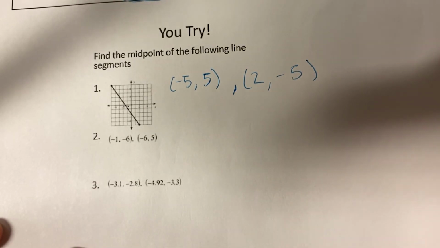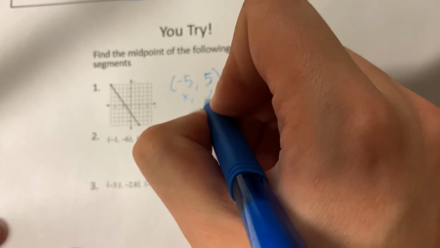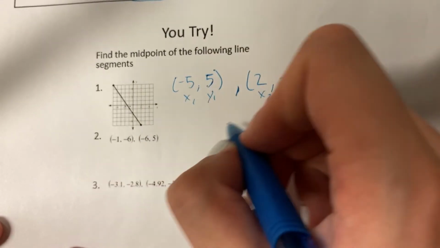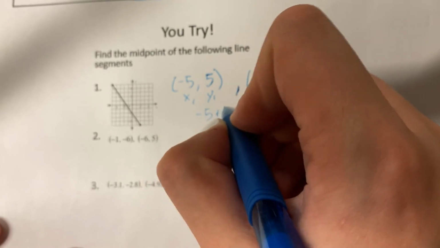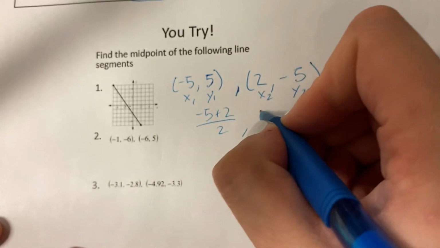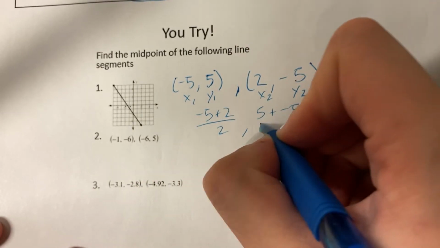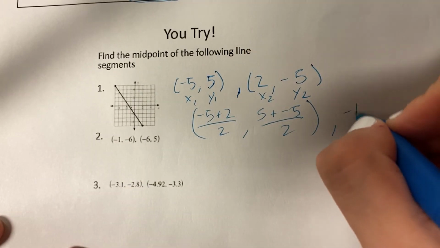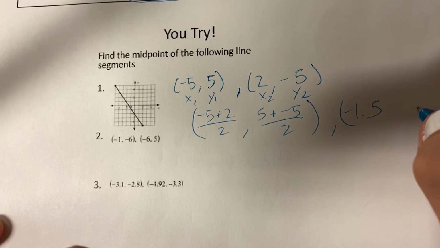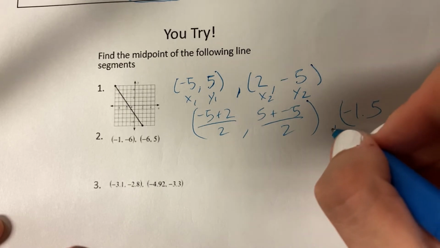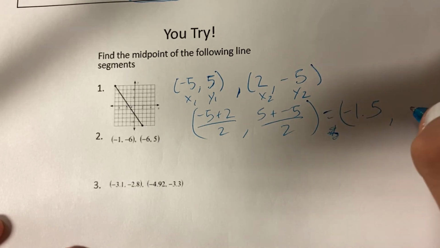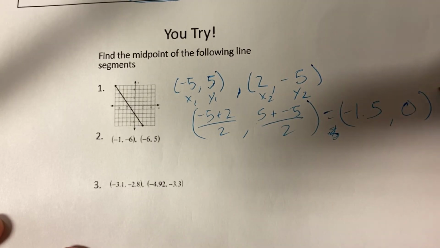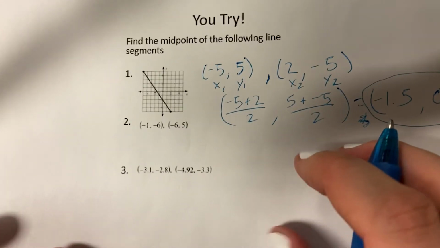All right. And then we're just going to label it. Plug it into our formula. And this should be -1.5, equal sign, comma 0, because 5 plus -5 is 0. All right, same thing here.